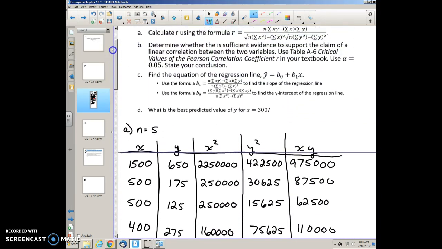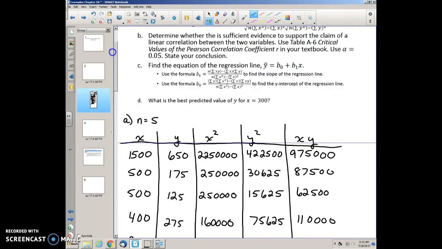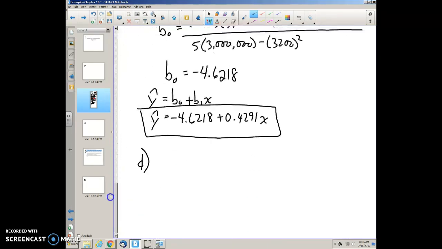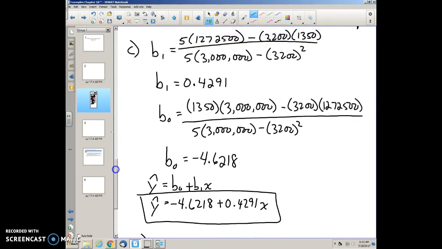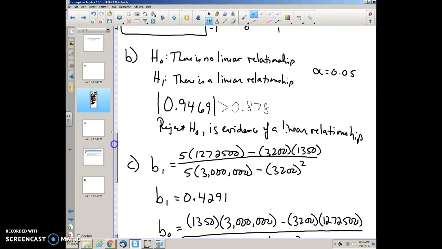So now, looking at D, D says, what is the best predicted value of y for x equals 300? All right, now, if, up here, you did not find evidence of a linear relationship, you use the average of the y values, y bar, so the mean of the y values.